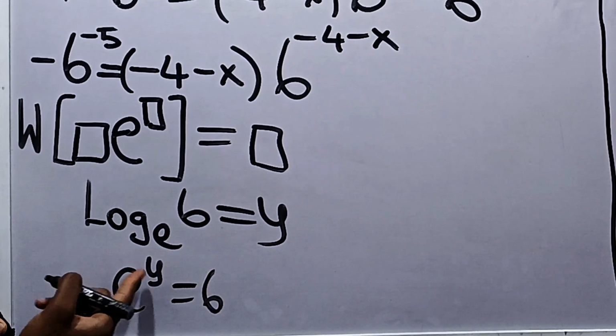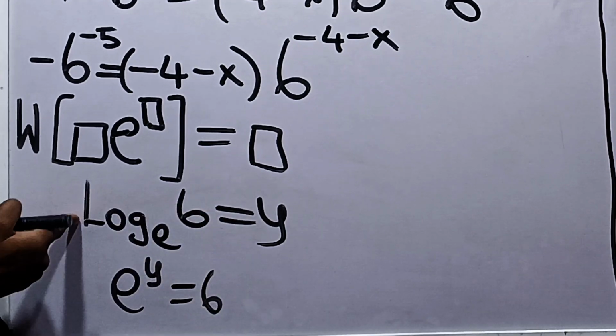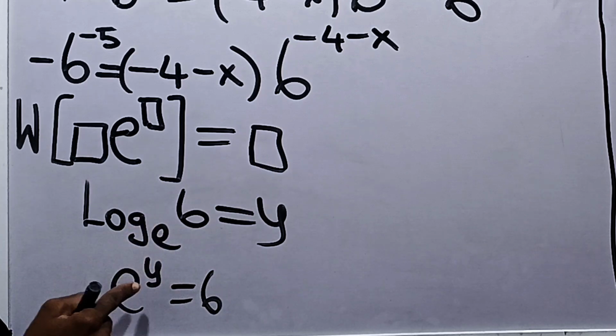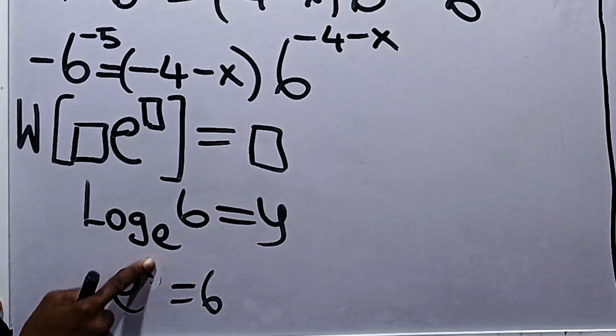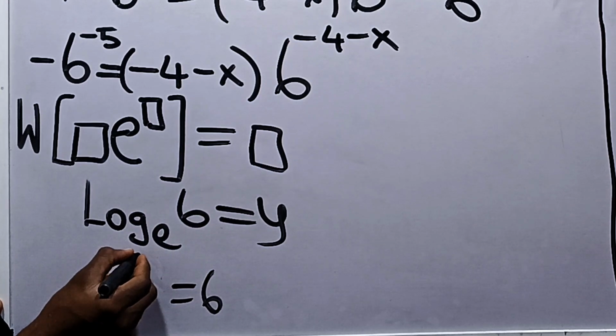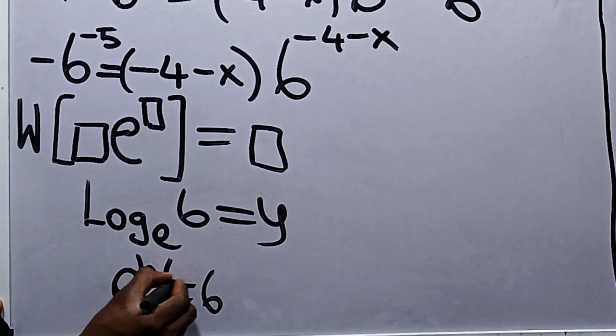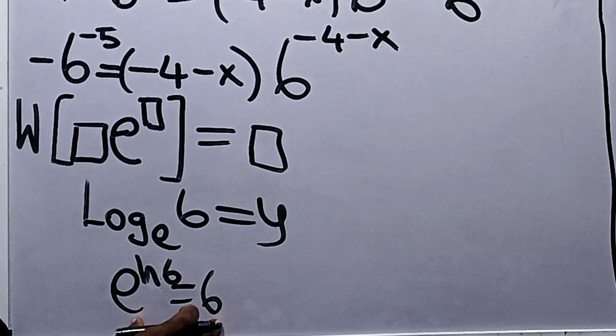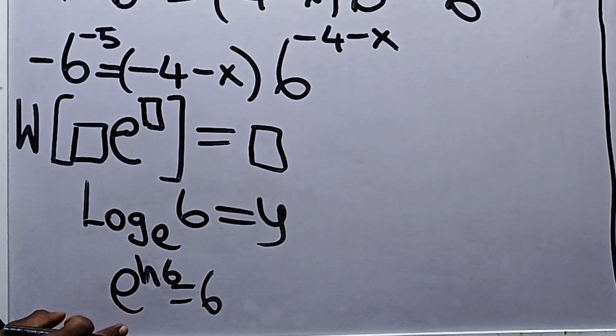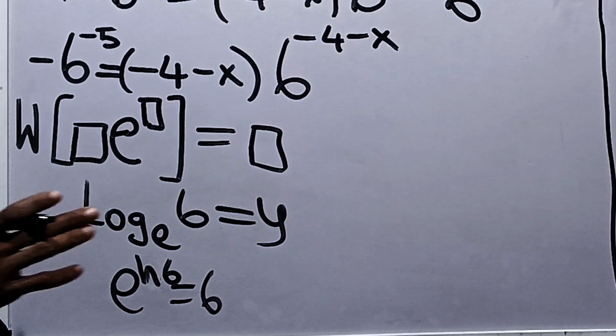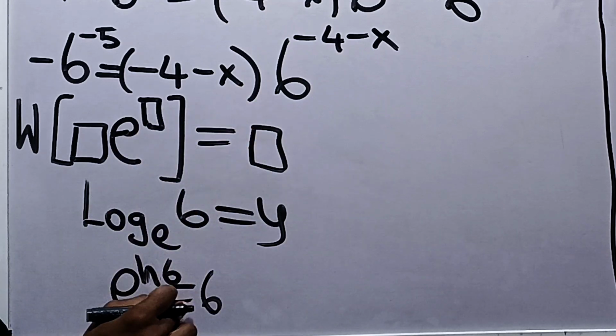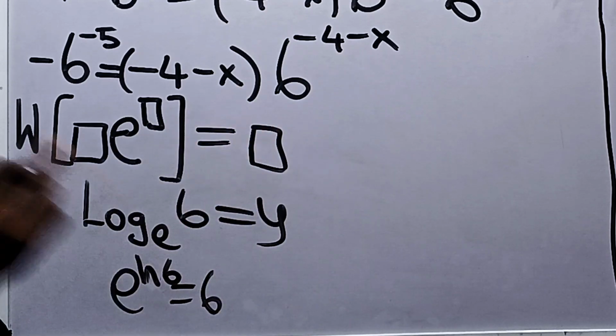But what's our y? Our y should be the inverse logarithm base e of 6, right? Now we can replace this y. This logarithm base e of 6 is the natural log of 6, so ln of 6. So we can say that e raised to the power ln of 6 is equal to 6. Knowing this, we can replace 6 with e raised to the power ln of 6, because it's the same thing as 6.